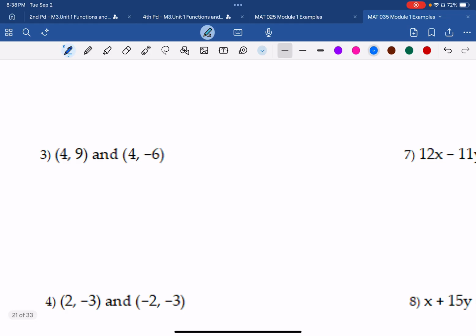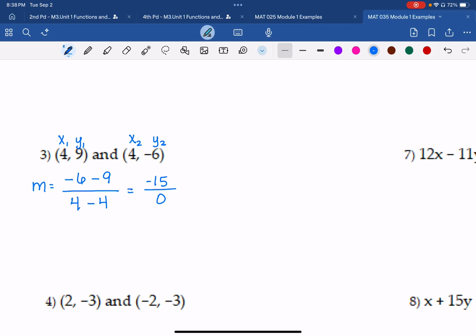Example 3. Again, I'm going to label these x1, y1, x2, y2. So for my slope, I've got my y's. I'm going to subtract, so -6 minus 9 over 4 minus 4. And so I end up with -15 over 0. Now, you cannot divide by 0.